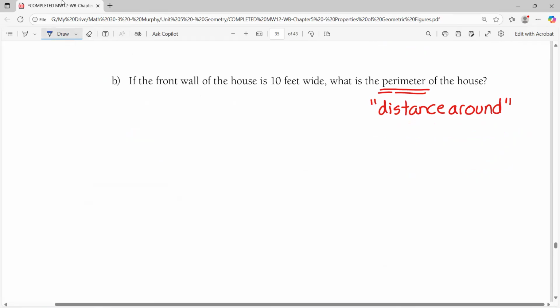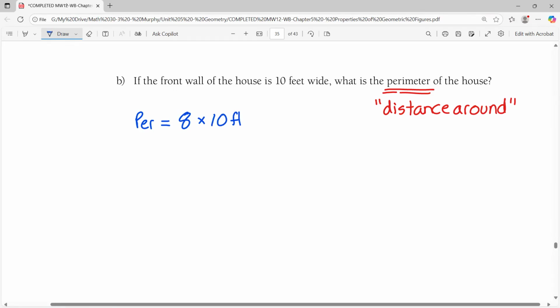So what is the distance around? So if there's 8 sides, perimeter equals 8 times 10 feet. I'll just rewrite that unit. So the perimeter equals 80 feet.